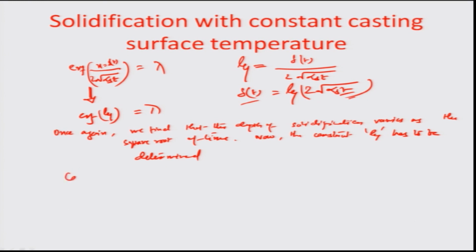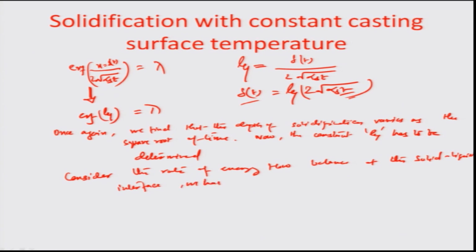So, let us consider the rate of energy flow, or the energy balance, at the solid liquid interface. We have Ks del theta by del x at x equal to delta equals rho m L d delta by dt.